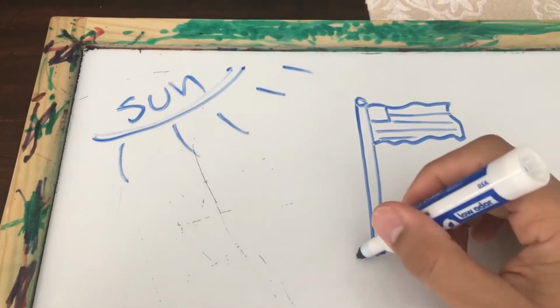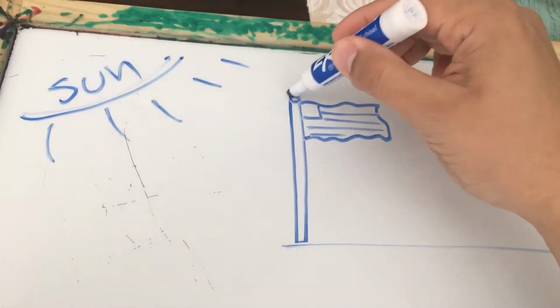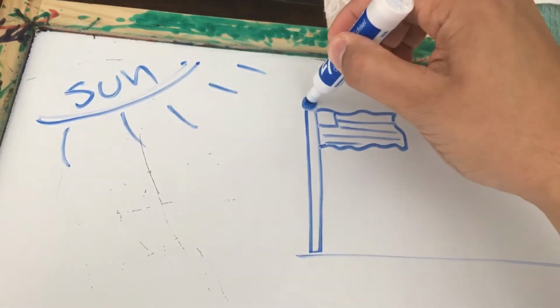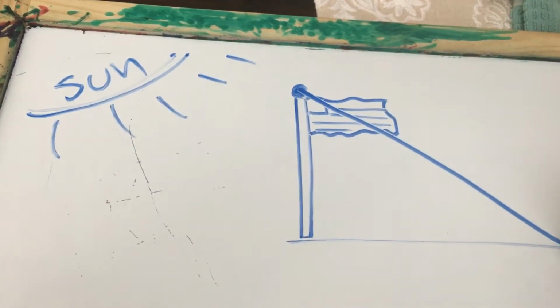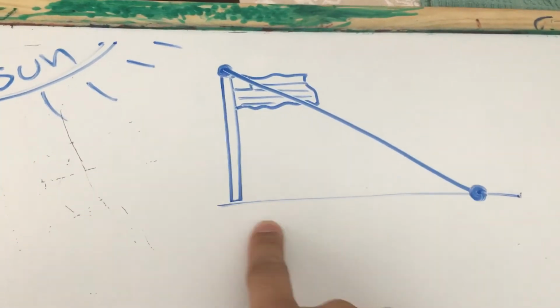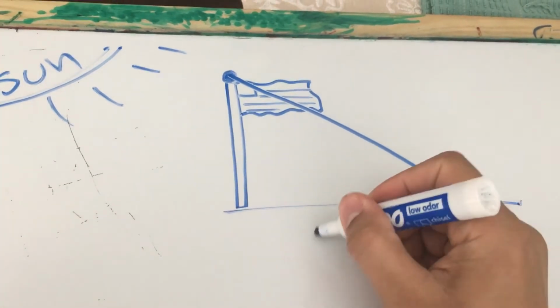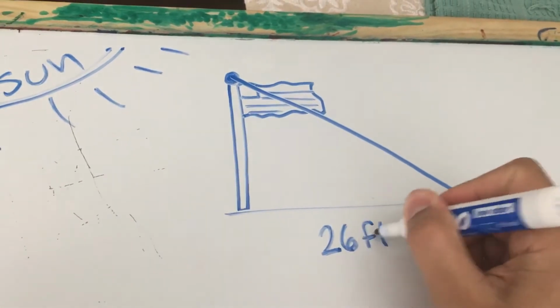Now this is going to cast a shadow onto the ground. So from the highest point here is going to create a point on the floor. And they tell us that the shadow on the ground is 26 feet long. So 26 feet.